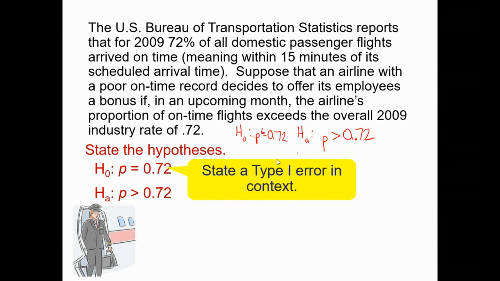So the company could give their employees the bonus, but they didn't make a proportion that's greater than 0.72. They have less than 72% of their flights on time, and they still got the reward. That's a type 1 error. They didn't meet their goal, but they still got rewarded for it.